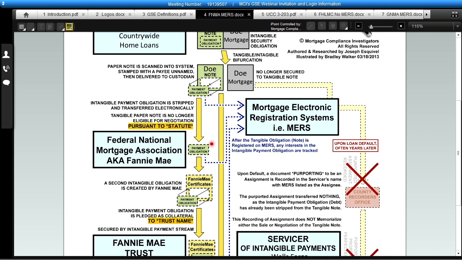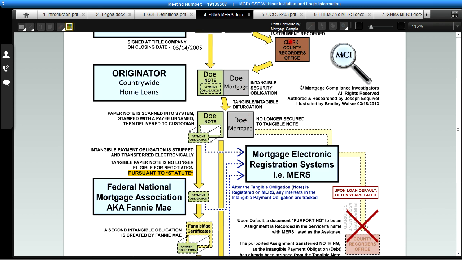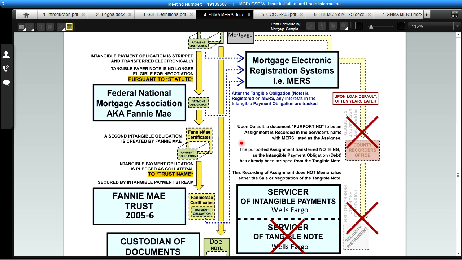None of these parties have been filed with the county recorder's office. There has been no proper sale, transfer, and delivery of the instrument, the entire instrument. Okay, so right now what we're looking at is just a payment intangible.